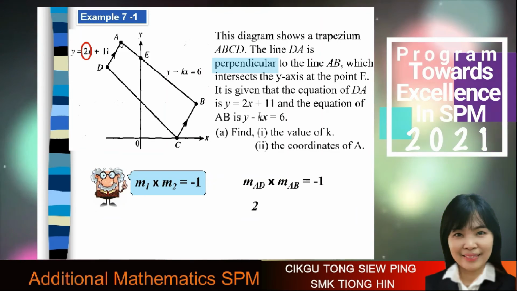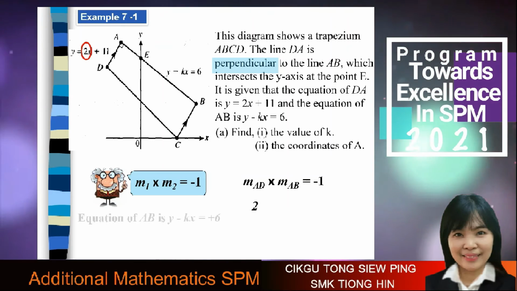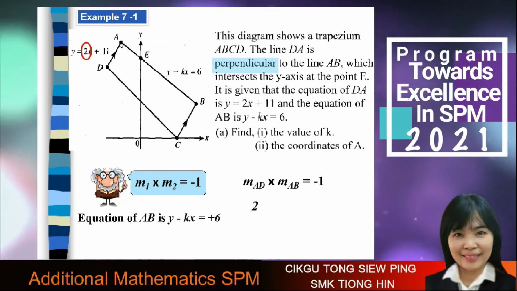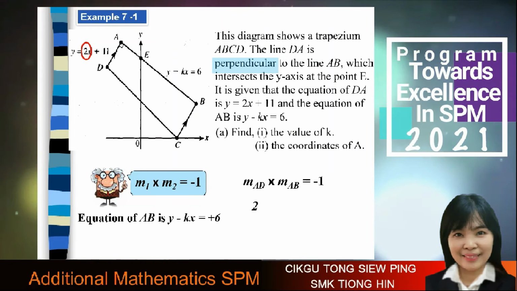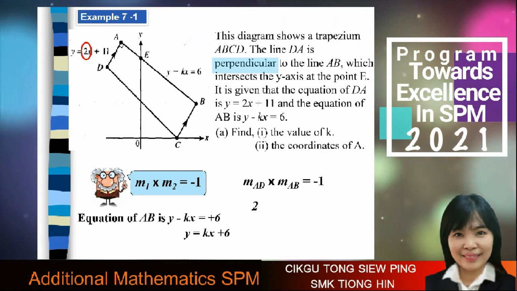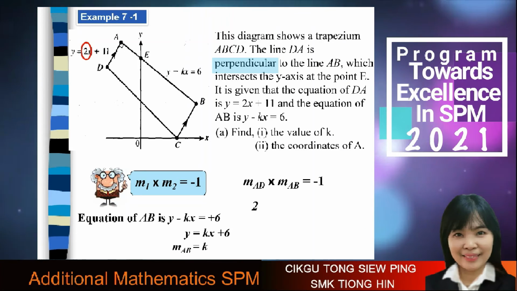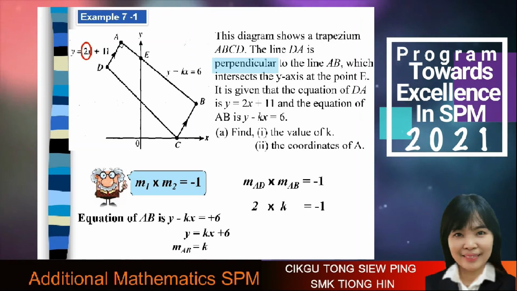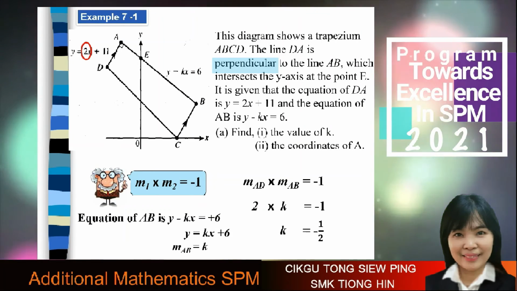And the gradient of AB, we have to solve the equation first. We have to rearrange it in the form of y equal to mx plus c. That is, by shifting the negative kx to the right hand side, I get y equal to kx plus 6. Therefore, the gradient of AB is equal to k. 2k equal to -1. So my k is equal to -1 over 2.